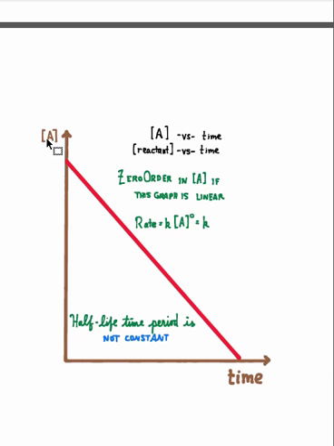So the concentration of A depends on the time, but in any case we say A on the y-axis versus time on the x-axis, or any general reactant versus time. So whatever's listed first in the versus theme is on the y-axis. Whatever's listed second is on the x-axis.